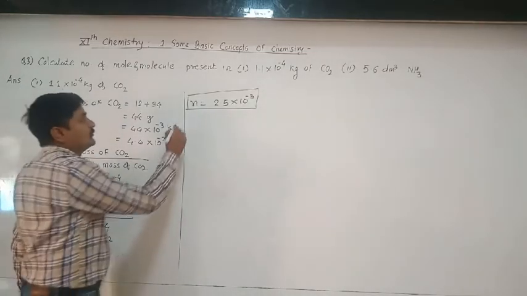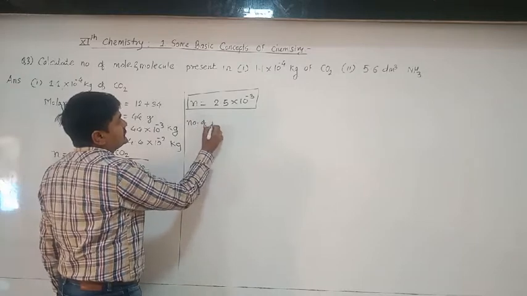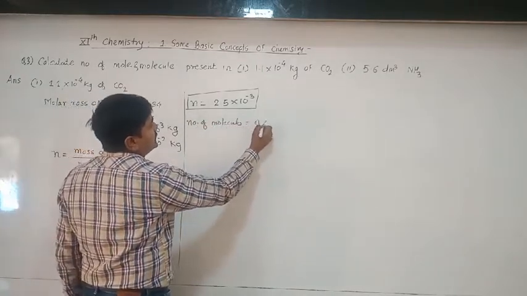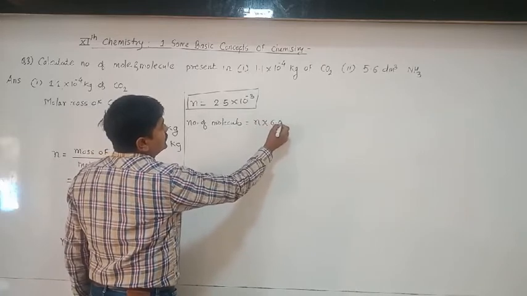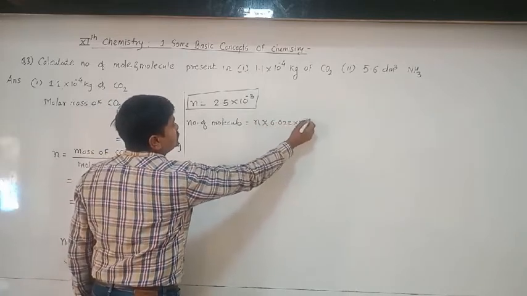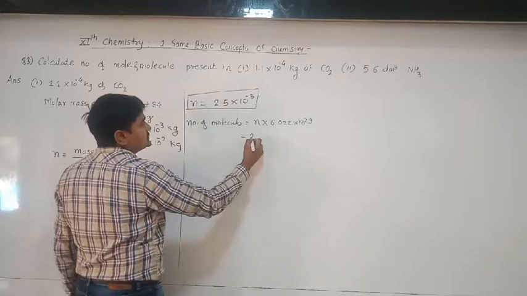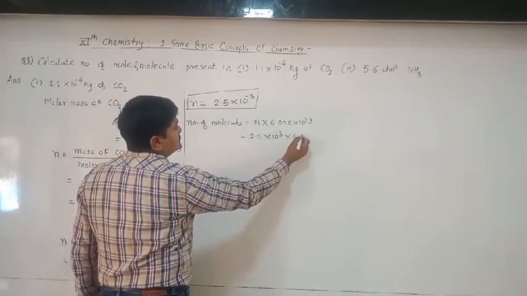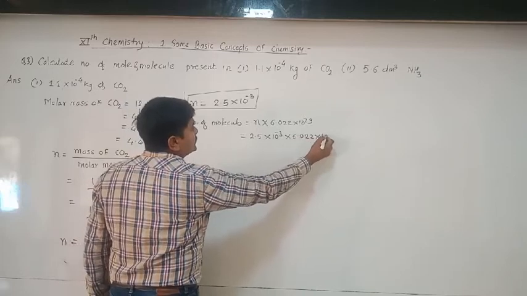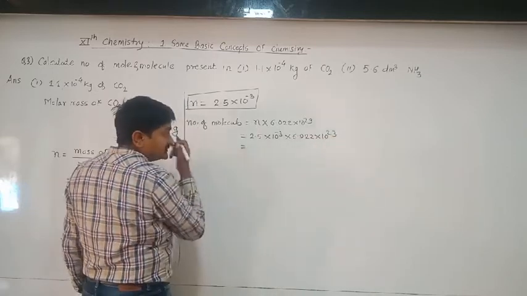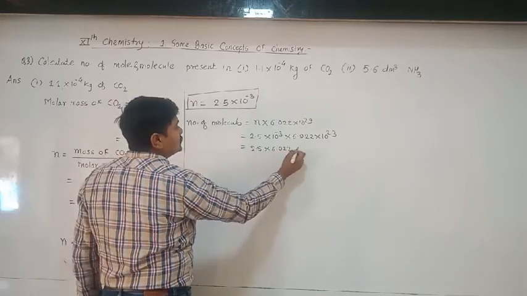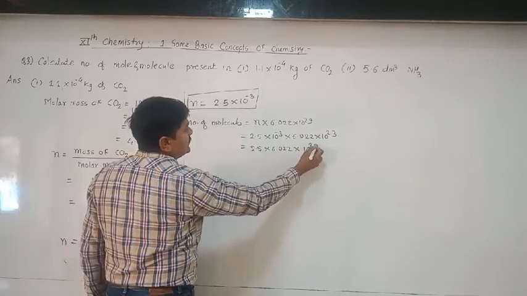Now calculate the number of molecules. Number of molecules is equal to n into 6.022 into 10 raised to 23. So it is 2.5 into 10 raised to minus 3 into 6.022 into 10 raised to 23. It is equal to 2.5 into 6.022 into 10 raised to 20.